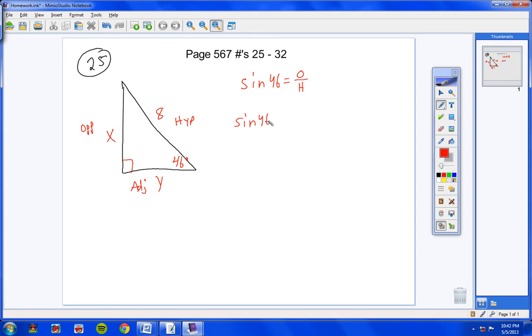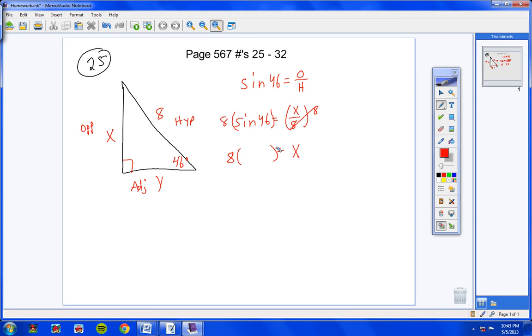Sine of 46 equals, what is opposite? It's x. What is hypotenuse? 8. Now I've taught you whatever the bottom of the fraction is, you multiply both sides by whatever that is. So we multiply one side by 8, multiply the other side by 8. Your 8's cancel, leaving you with x. And over here we have 8 times the sine of 46.